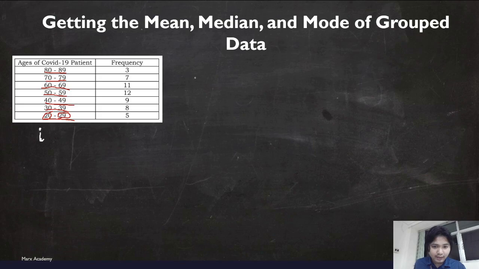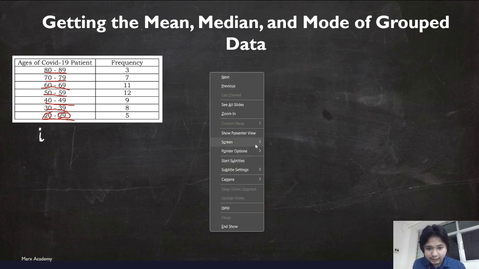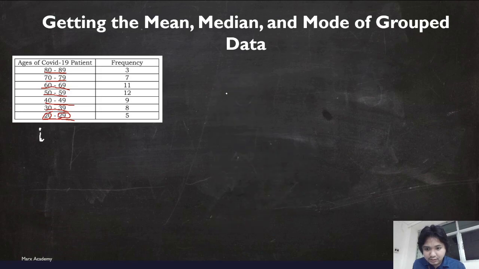So let's write it. 29 minus 19, which is equal to 10.